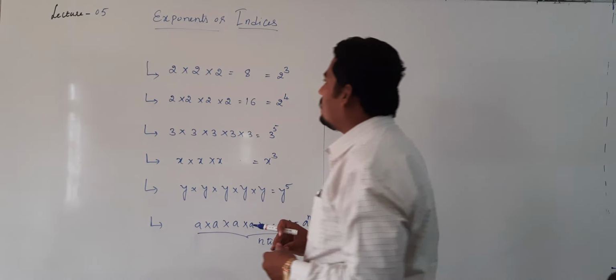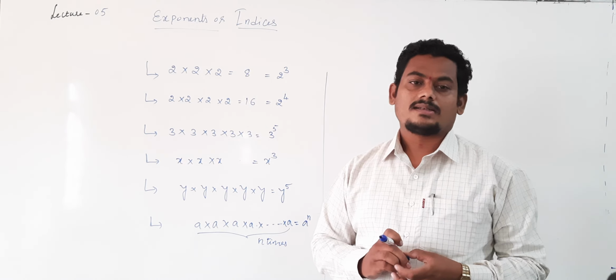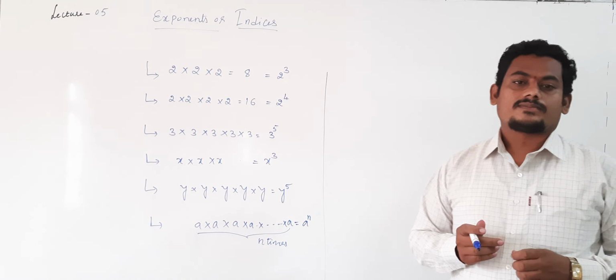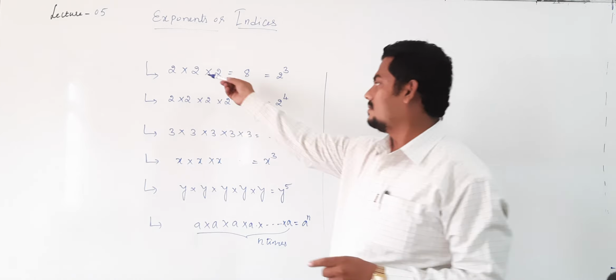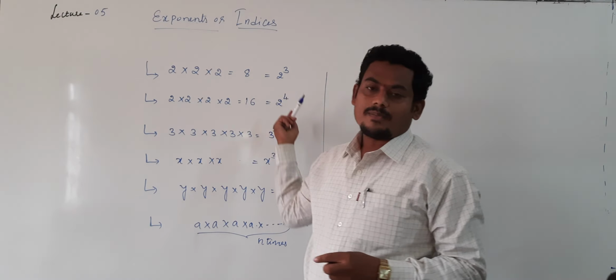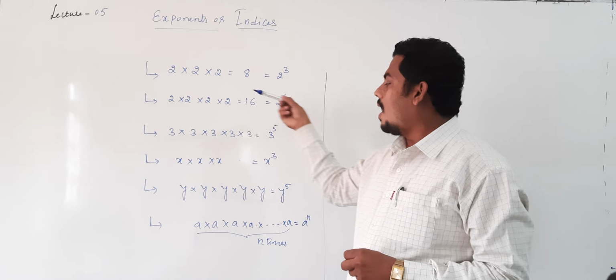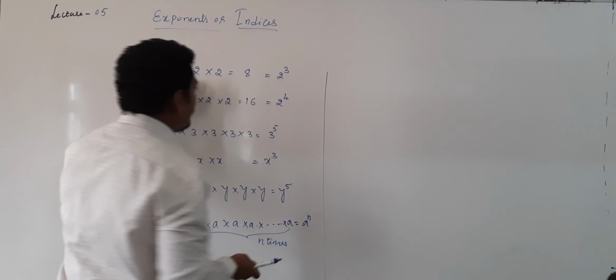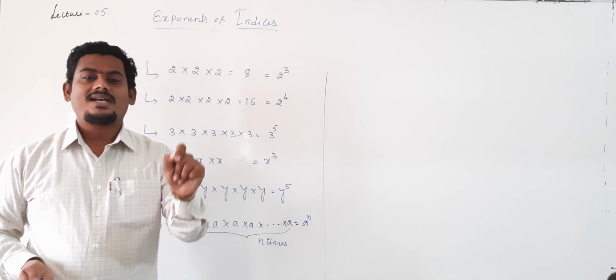Then what is the definition of exponents? Exponents are indices. The repeated multiplication of the same number or a variable is called an exponent.